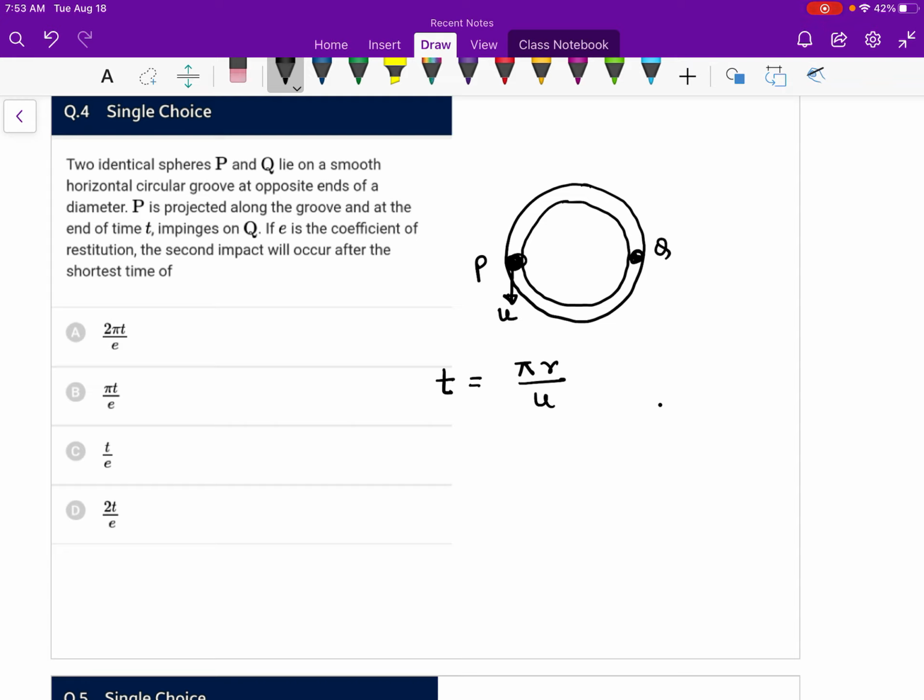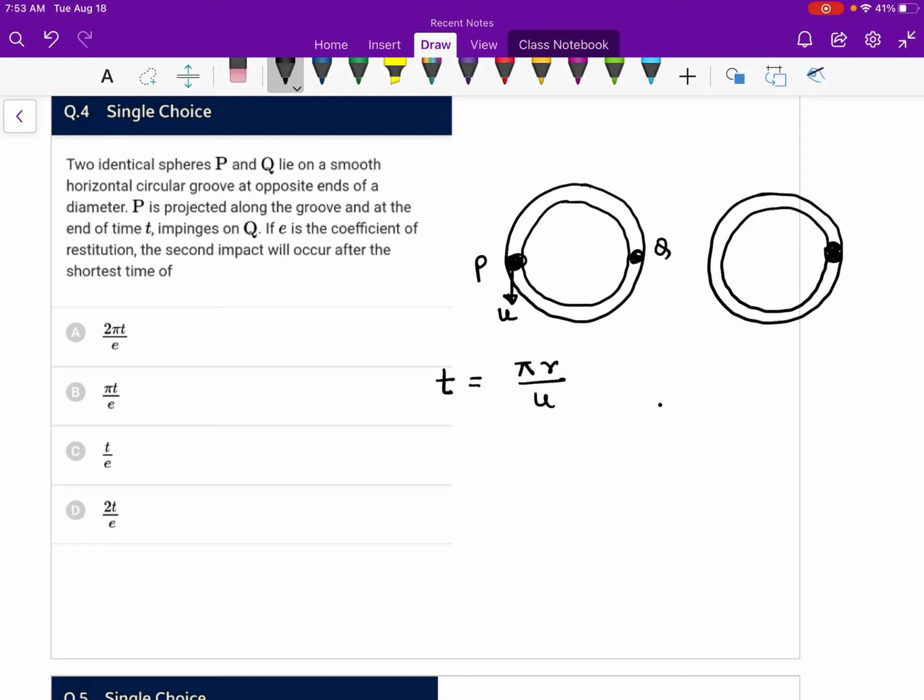Now P and Q collide and they separate. For the second collision, we need to calculate the relative velocity.